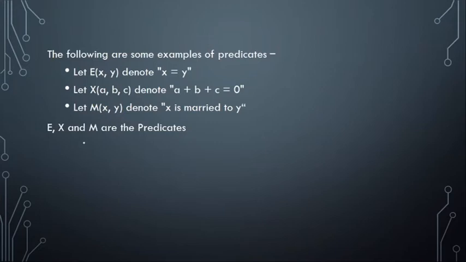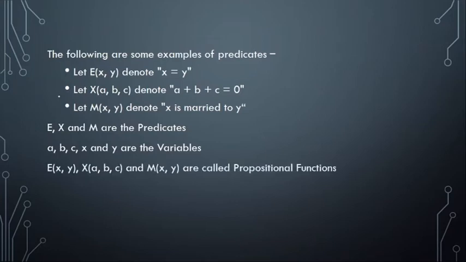So those are the predicates. Then the small letters inside the parentheses are the variables. So you can see that a predicate has parts: the predicate and the variables.